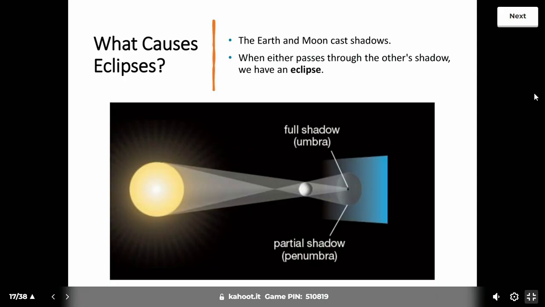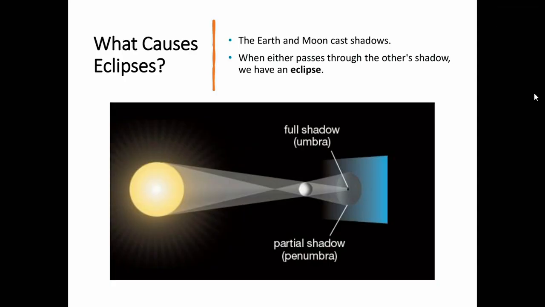The moon goes around the Earth, the Earth is going around the sun, and sometimes those orbits all line up in such a way to give us an eclipse. So remember, the sun is the only thing that creates light in the solar system, and so when that light hits the moon or the Earth, whatever's behind that will be in the shadow of either the moon or the Earth.